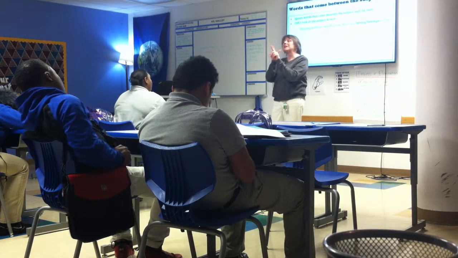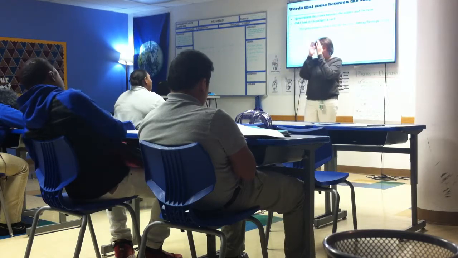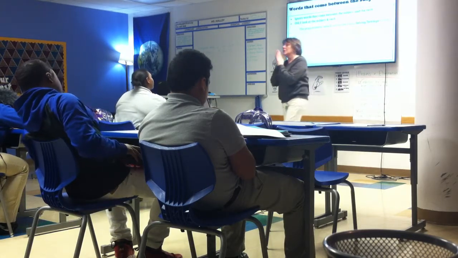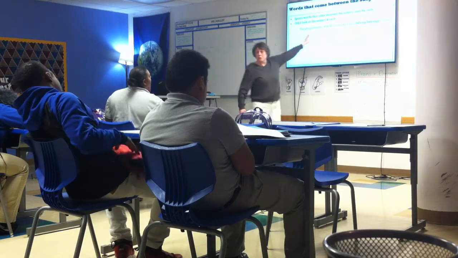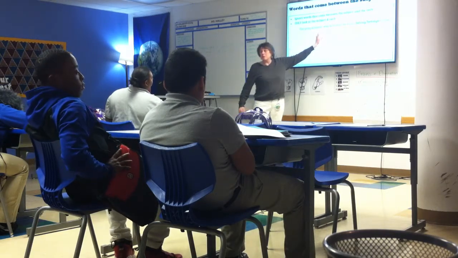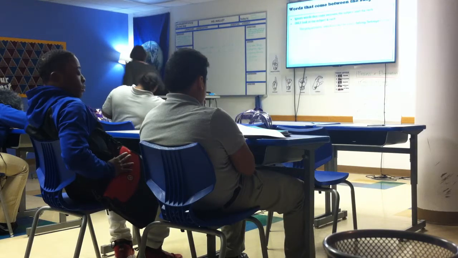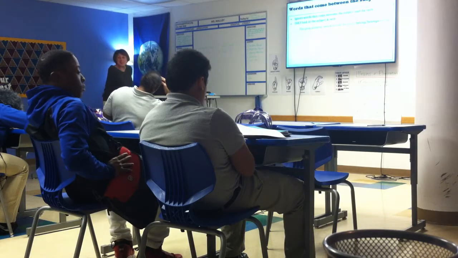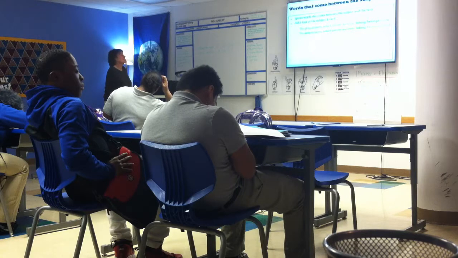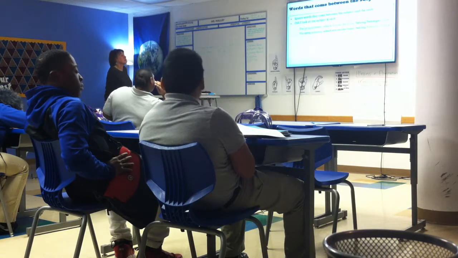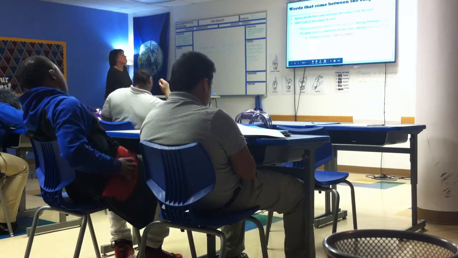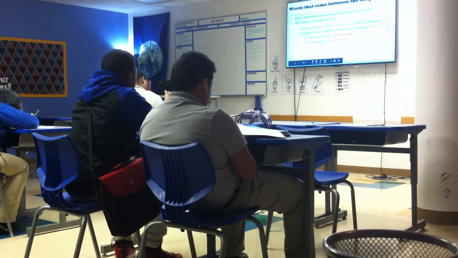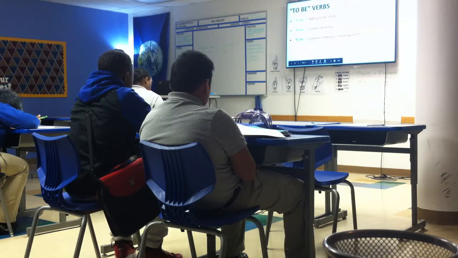So scissors, even though it looks like a single object to us, we think of it as plural. And it's written as plural, scissors, with an S. That was actually a very good question. So ignore everything else, just the subject and the verb. Scissors is the plural subject, belong is the plural verb.